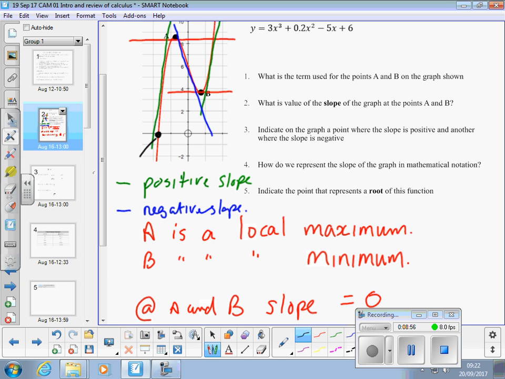So that is a root. There could be other roots, positive and negative ones, okay? But that's an example of a root in terms of that one. And we can use various techniques to determine roots as well.